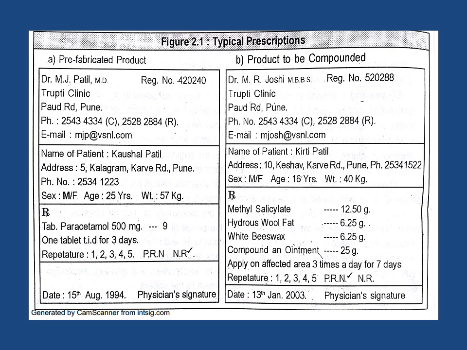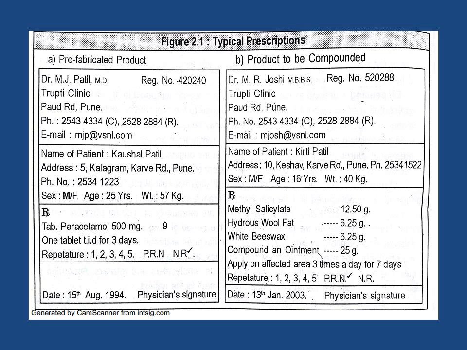If you see the prefabricated product, here it mentions only tablet paracetamol 500 mg, 9 times. So the pharmacist has to just dispense a prefabricated product.